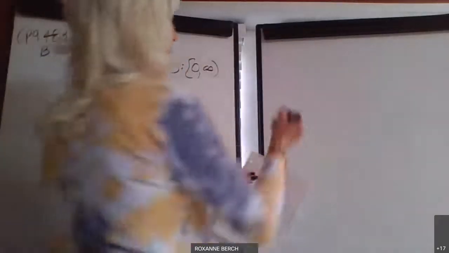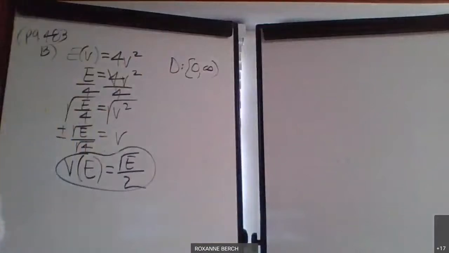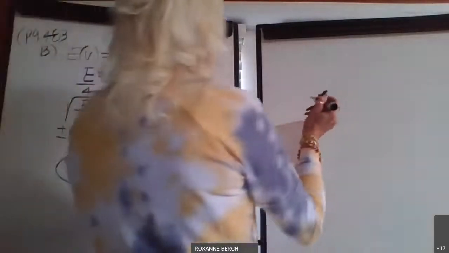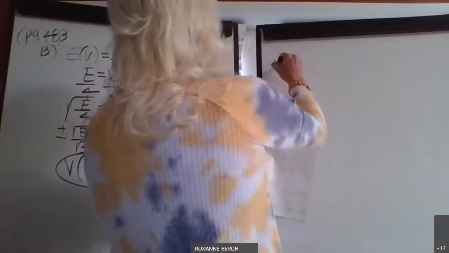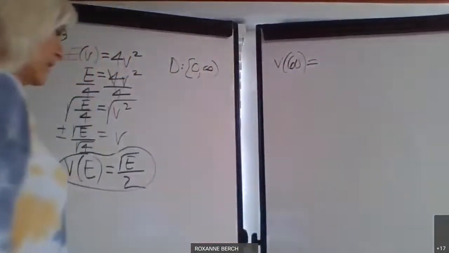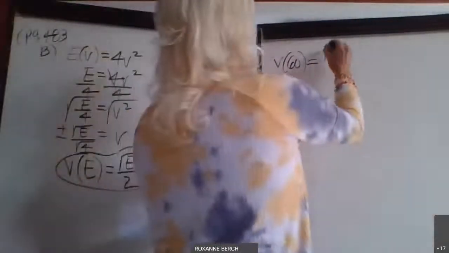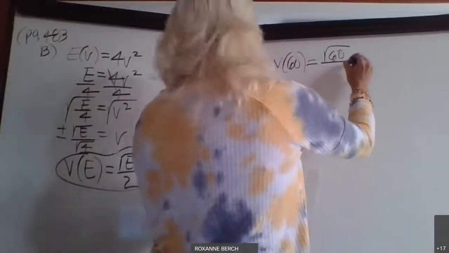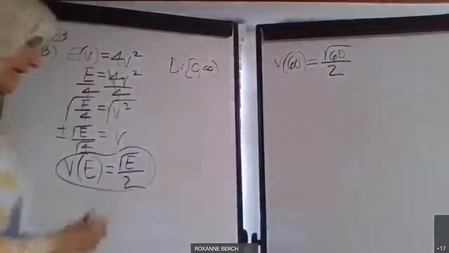So they said that they want to know what the velocity is for an 8-kilogram object to have a kinetic energy of 60 joules. So we want to compute v of 60. So wherever we see an E, we put a 60 into the formula.